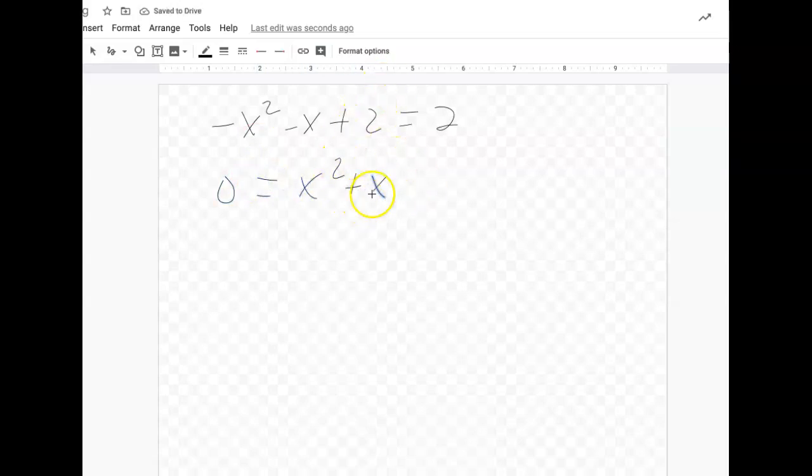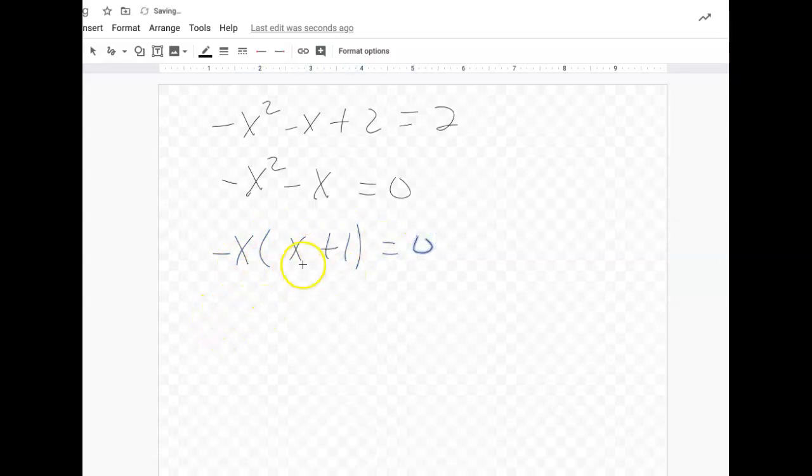Ooh, actually, let me slow down. Because if I subtract 2 from both sides, then I'll just have a GCF. So if I subtract 2 from both sides, I'll have negative x squared minus x equaling 0. And so what I essentially can do is factor out a negative x, and then I'd have x plus 1 equaling 0. This means that x is 0 or x is negative 1.